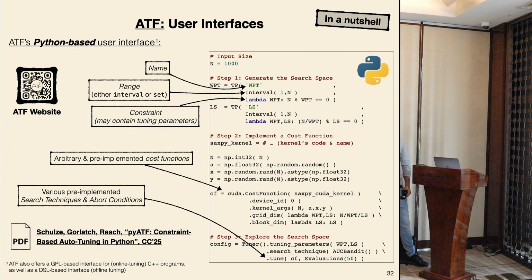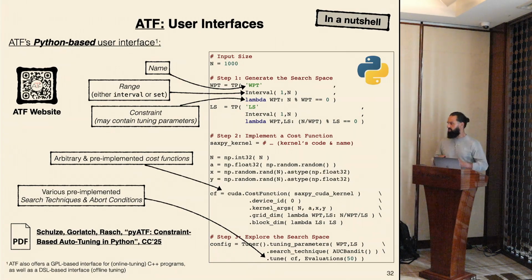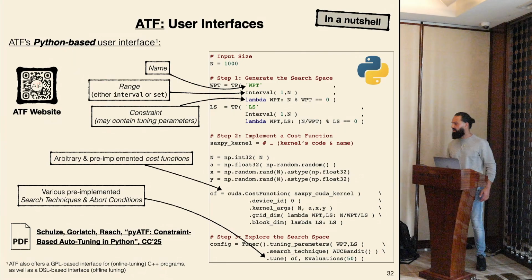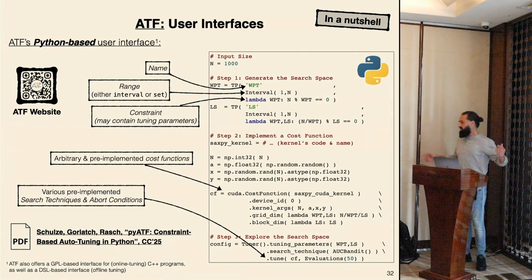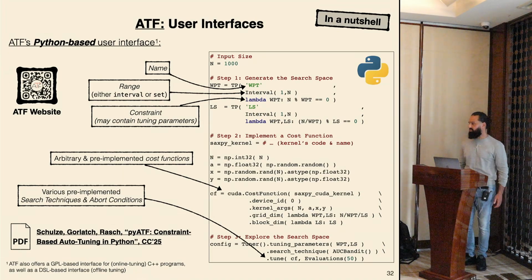You just put the kernel code as a string into our cost function, and you say which GPU you want to target, in this case the one with the device ID 0. What are your arguments? What is the grid dimension, the block dimension? That's everything you need to do for the cost function in this case. And then we generate the host code for you and execute the kernel, measure the time, and so on and so forth. But if you, for example, come up with a Java program, whatever, you need to implement your own cost function.